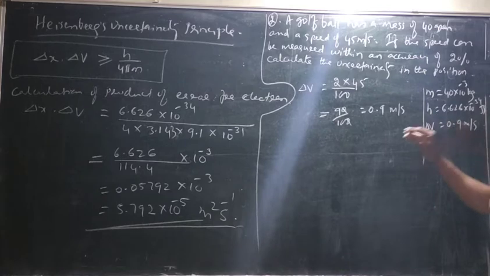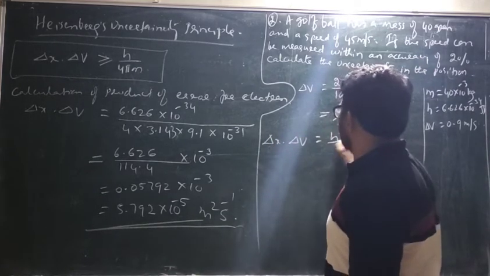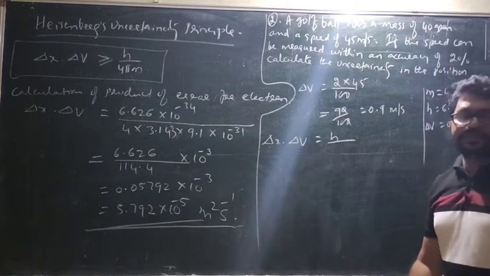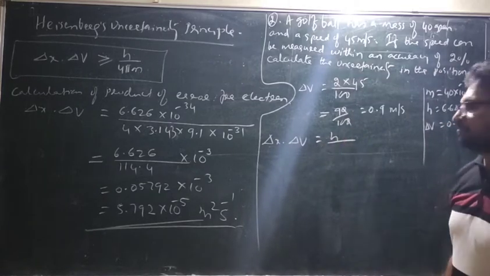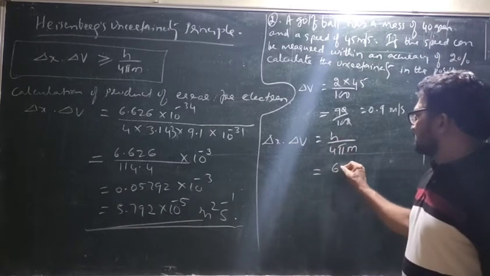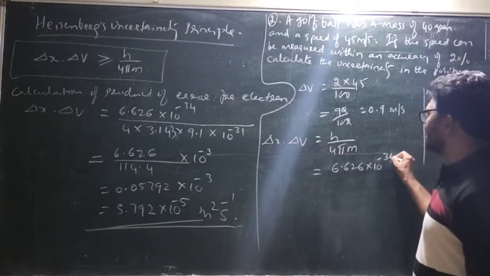Mass is given. Now delta x into delta v is equal to, see, while working a problem let us make it equal. That means the maximum possibility. 4 pi m, 6.626 into 10 raised to minus 34.